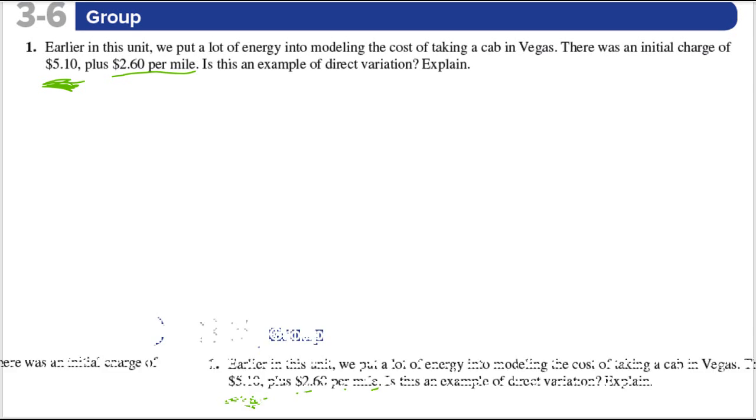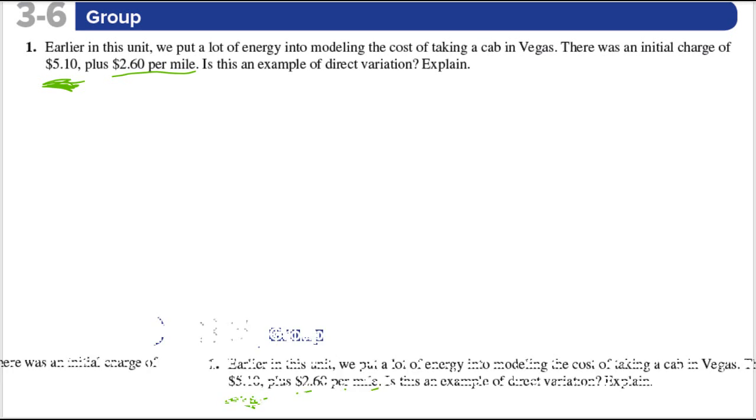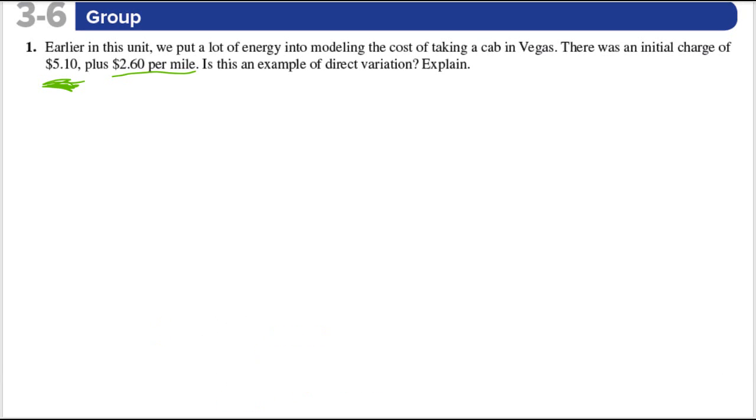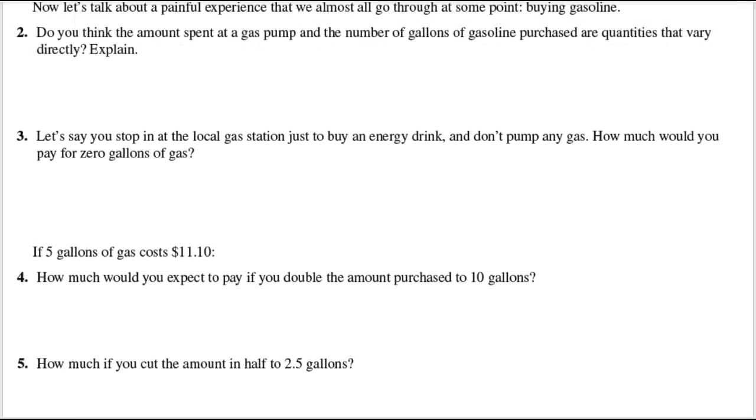Another way to put it, direct variation, as we said before, has no y-intercept. It has no initial value, initial charge in this case. So this is not direct variation. Restart the computer once you've thought about question 2.